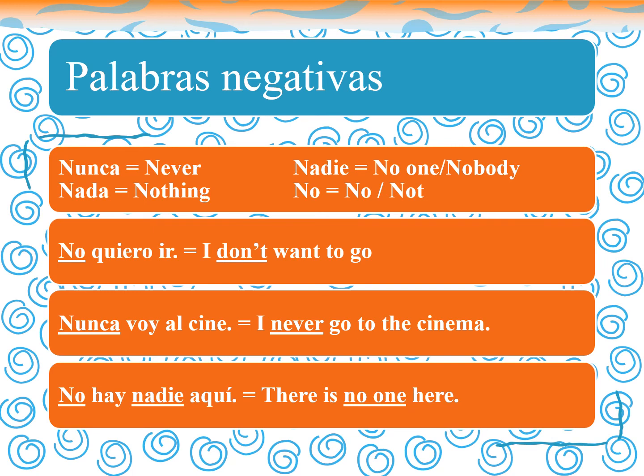I don't want to go. And nunca voy al cine. I never go to the cinema or movie theater. And then here's an example of how we can do a double negative in Spanish. No hay nadie aquí. There is no one here, or there is not no one here, is how it would kind of translate. So notice we're going to put no in front of the verb, and then our other negative word is coming after the verb.